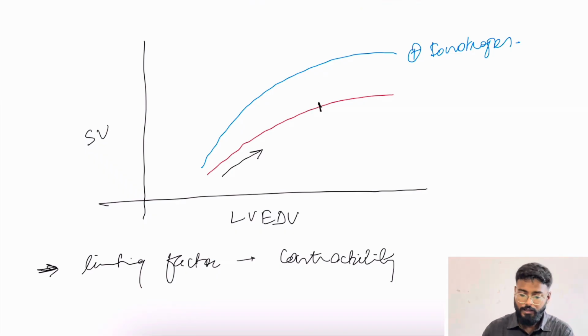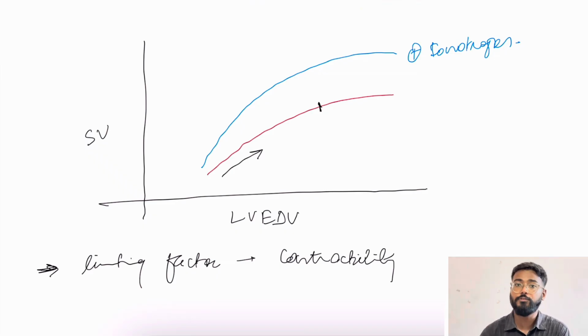Right? In what cases is the graph going to shift downwards? In all those cases where your contractility is going to decrease. So what cases can you think of where contractility decreases? One is ischemia. In ischemia, the heart is not able to contract sufficiently, as it was doing normally.